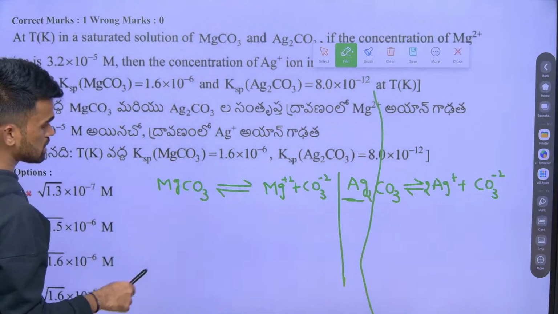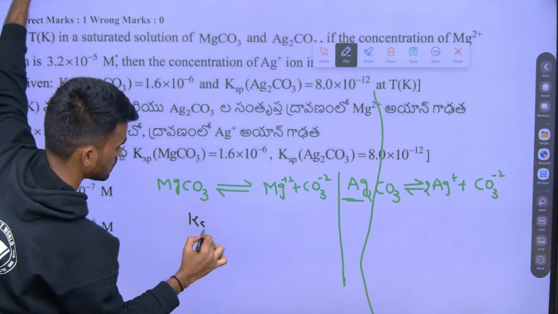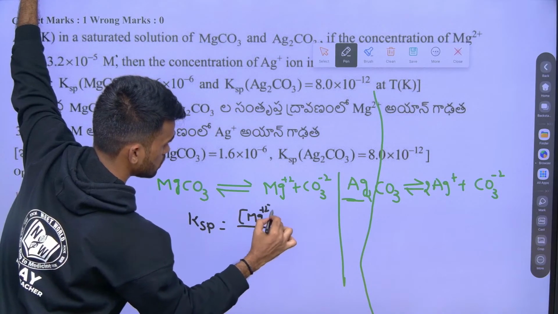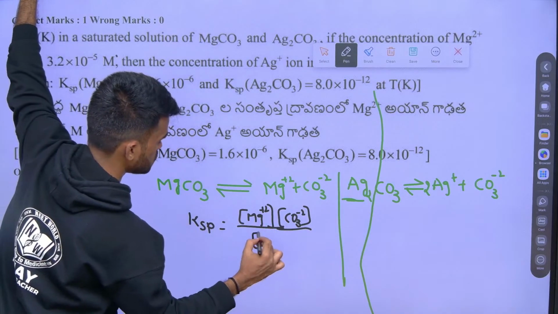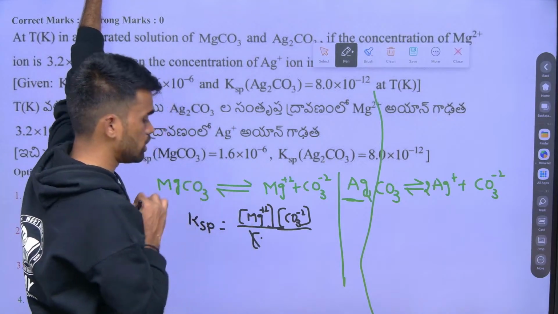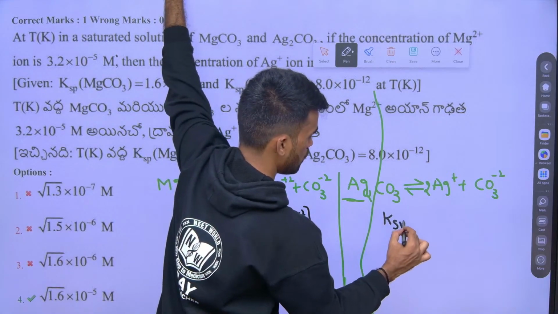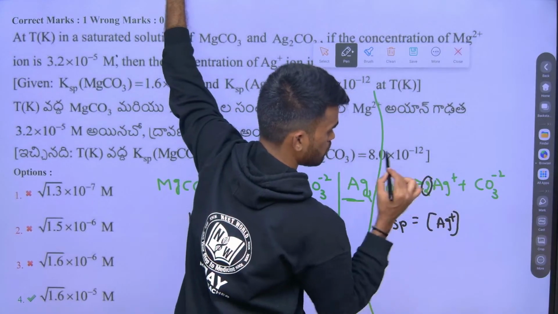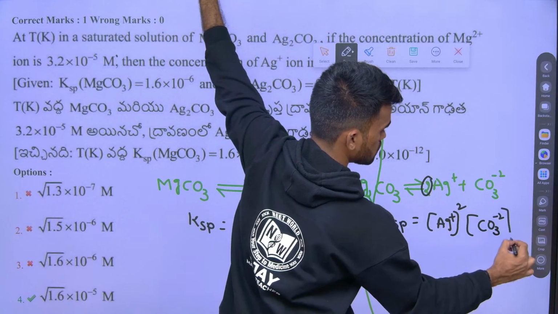So Ksp for MgCO3 is the concentration of Mg2+ times the concentration of the carbonate ion. Since MgCO3 is a solid species in a saturated solution, no need to worry about it. Here also, Ksp of Ag2CO3 will be the concentration of Ag+ to the power of its coefficient, that is 2, times the concentration of CO3 2-. Like this we should write.